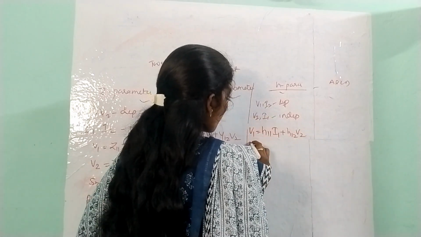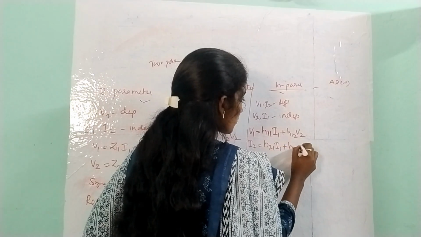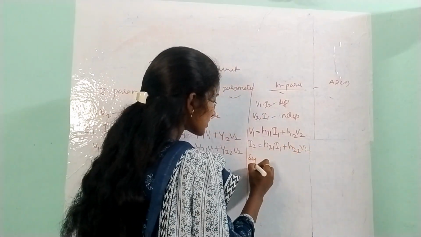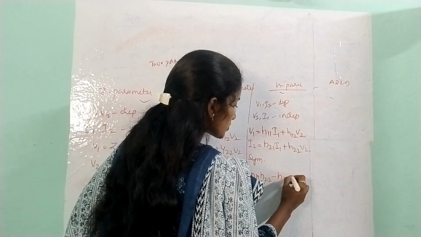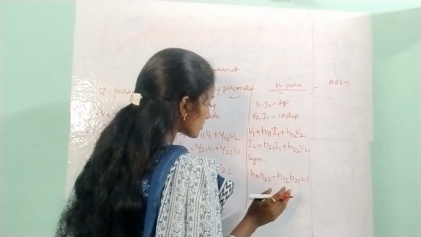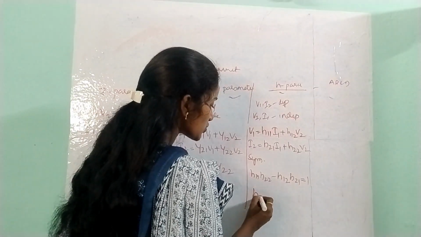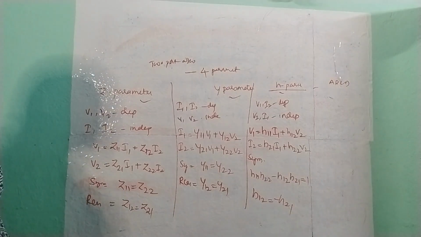Okay, so I2 is equal to H21 I1 plus H22 V2. Okay, here the symmetry condition means H11 H22 minus H12 H21 is equal to 1. This is the symmetry condition. The reciprocal condition means H12 is equal to minus H21. This is the reciprocal condition.